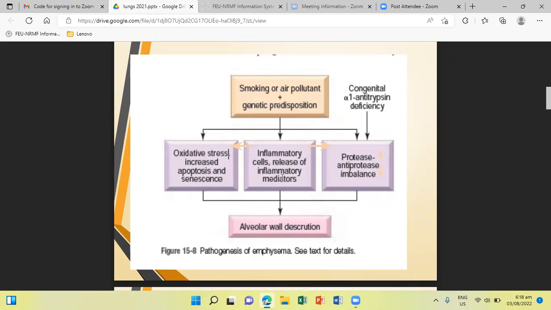There is a wide variety of inflammatory mediators and leukocytes implicated. The usual would be leukotriene B4, interleukin 8, and tumor necrosis factor. We also have what we call protease, anti-protease imbalance, and oxidative stress.